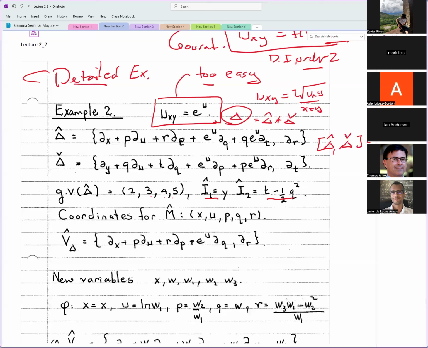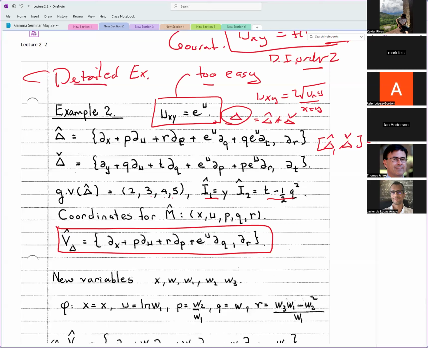And then what we said was, well, let me restrict to the level surface of this. And when I restrict the distribution delta hat to this level surface, I get this distribution right here. I started on a 7-manifold, but I've restricted this subdistribution to the level sets of its integrals.